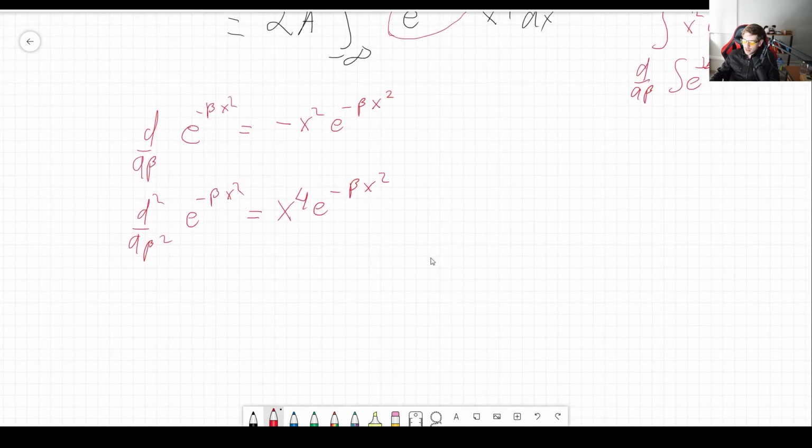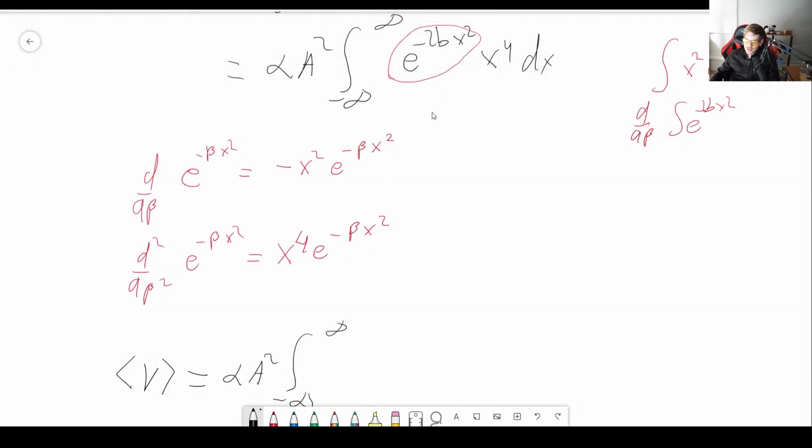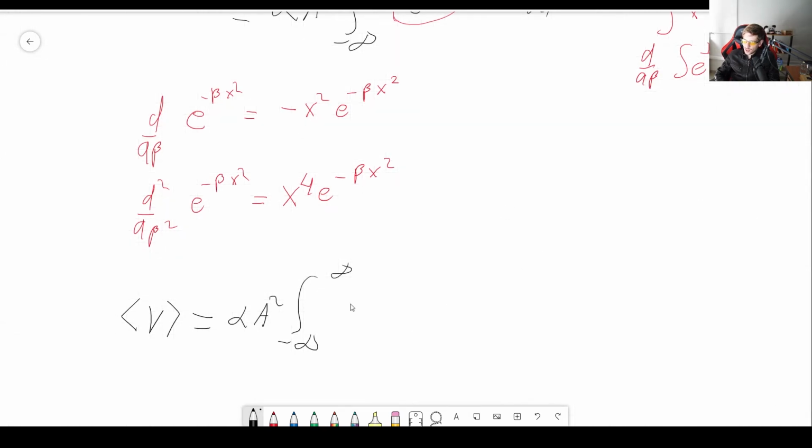So let's plug that in. So our potential, the expectation value of the potential, is going to be alpha a squared integral from minus infinity to infinity. And now instead of this exponential x to the fourth, we are going to get d squared over d beta squared of e to the minus beta x squared, dx, of course.